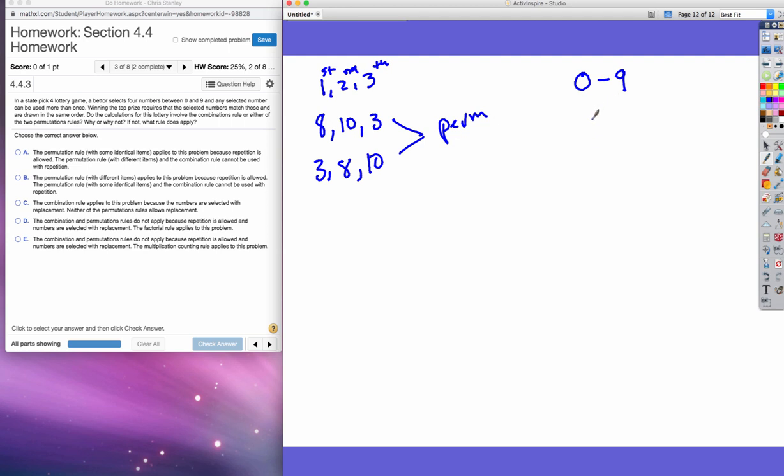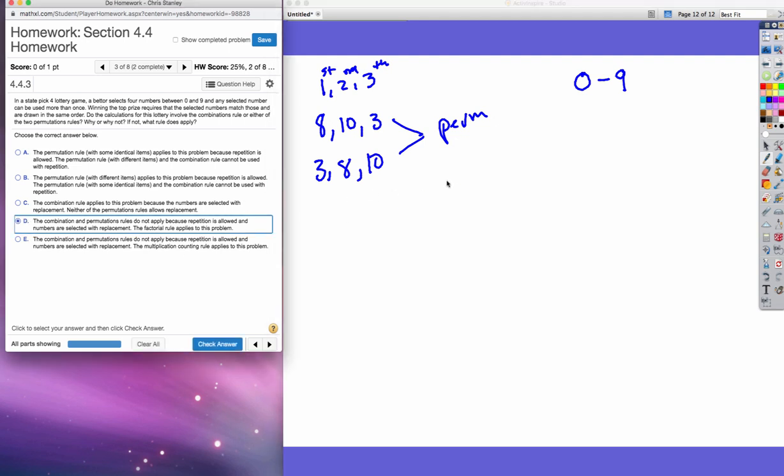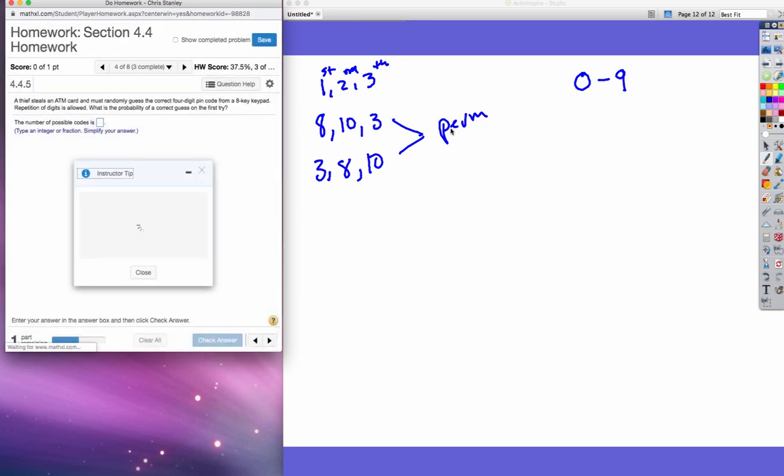It shouldn't be a perm or a combination because you're allowed to replace. Combination and permutation are only allowed if you don't replace. And it should be multiplication, not factorial, because you're going to pick 4. Now, if you were going to pick 9 numbers, then it would be the factorial.